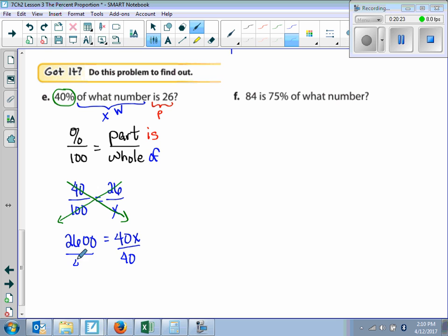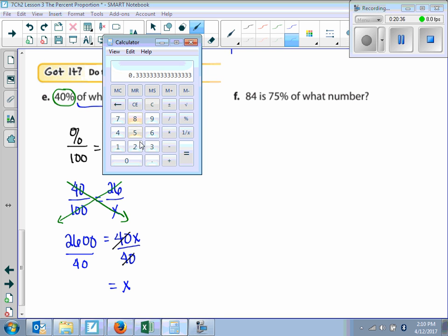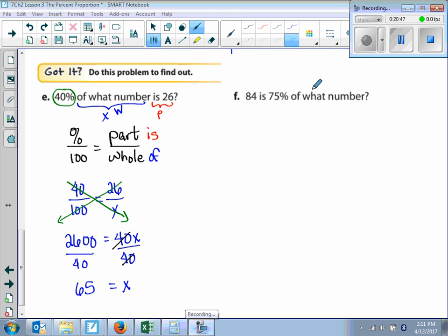So the 40s will cancel, and x is equal to what? 2600 divided by 40 is equal to 65. Very good. So the answer is 65.